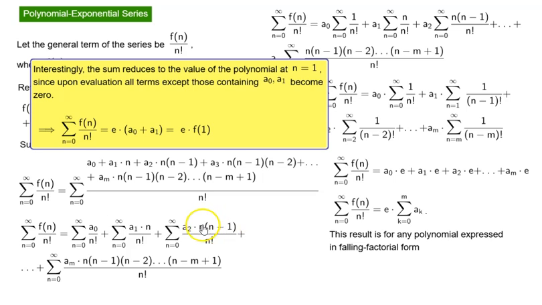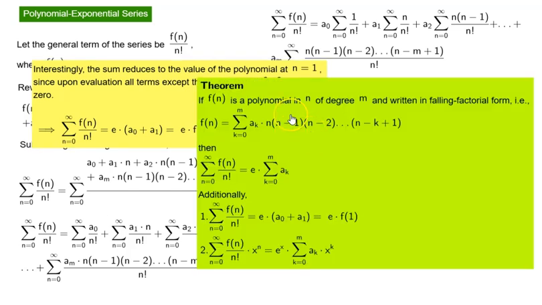That means the whole thing becomes 0, and all the in-between terms also become 0. What doesn't become 0 is this, and this also doesn't become 0. Which implies that the series f of n by n factorial is equal to e times a sub naught plus a1, which is nothing but e times f of 1.